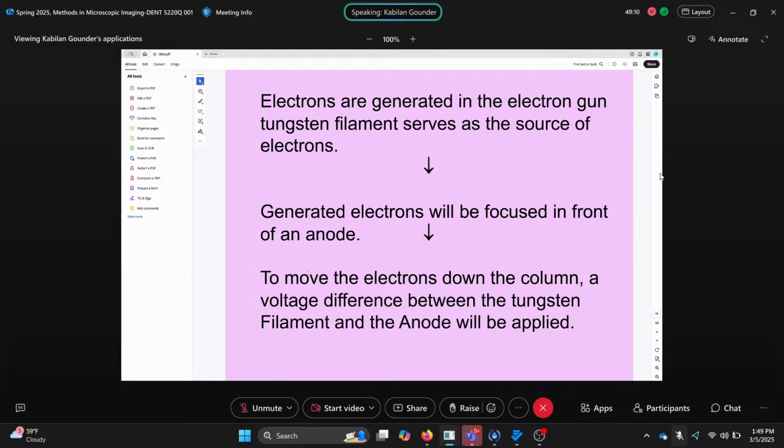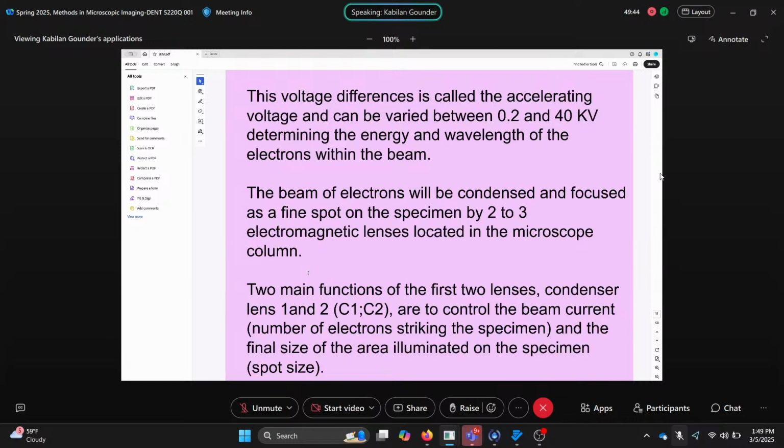The electrons are generated in the electron gun, a tungsten filament that serves as the source of electrons in the scanning electron microscope, which generates electrons that will be focused in front of the anode. To move the electrons down the column, a voltage difference between the tungsten filament and the anode is applied.